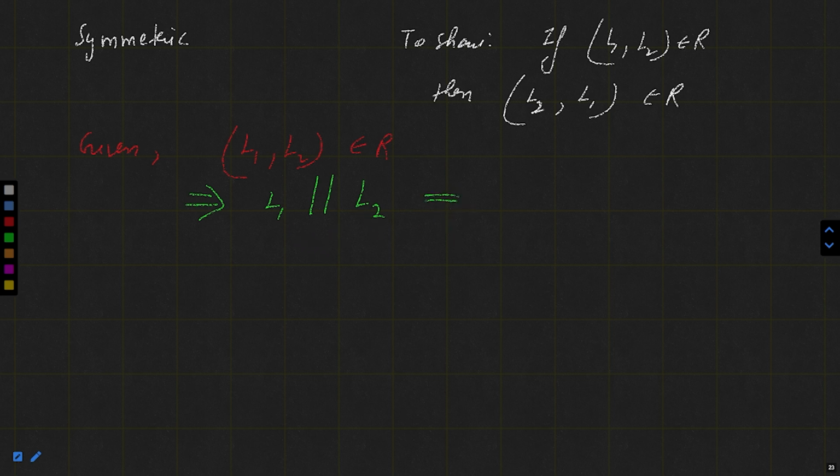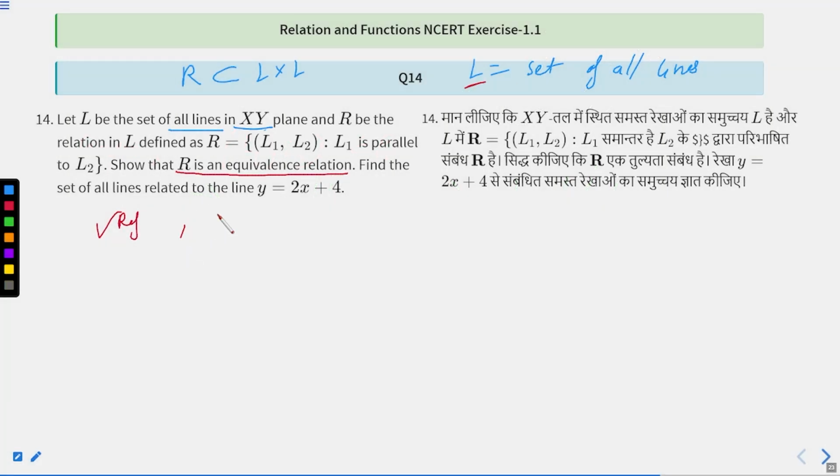In other words, this is the same as saying that L2 is also parallel to L1. And from this I can say that (L2, L1) belongs to the relation R. Yes, if I have two lines parallel to each other, then this belongs to the relation R. So it is symmetric also.